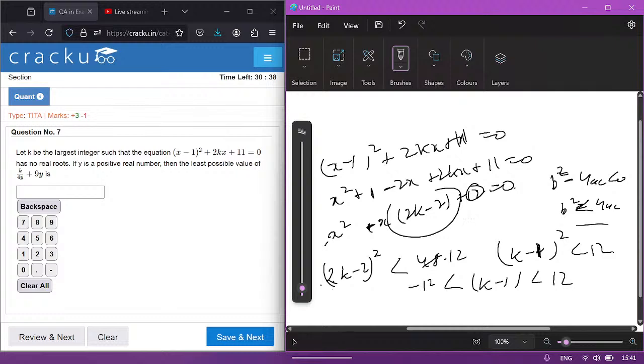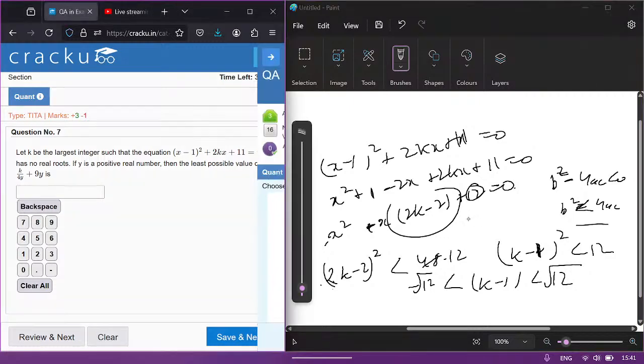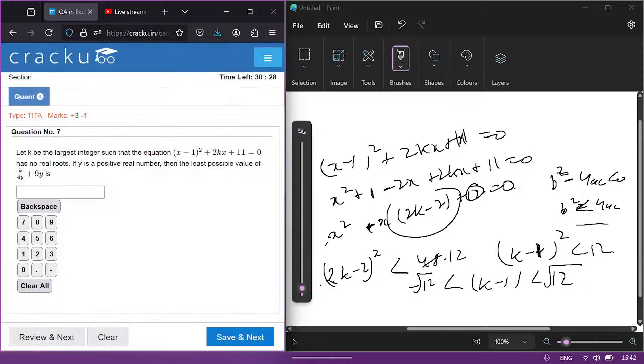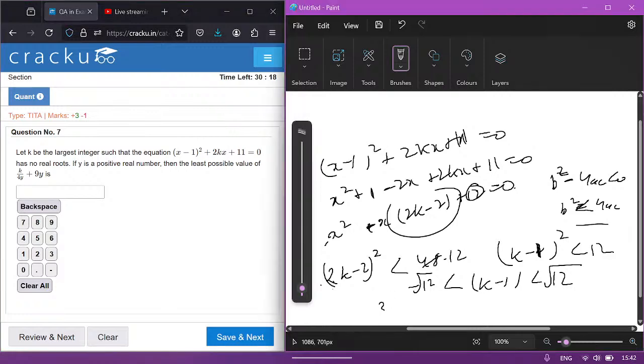So k minus 1 is between minus root 12 and root 12, right? So what is root 12? Do we have a calculator here? I cannot use the calculator. Okay, so this should lie somewhere between 3 and 4.